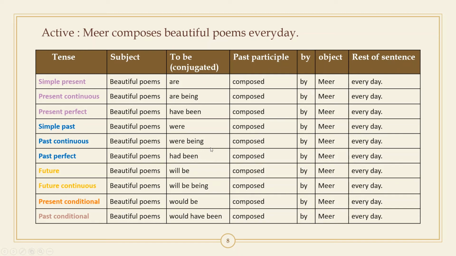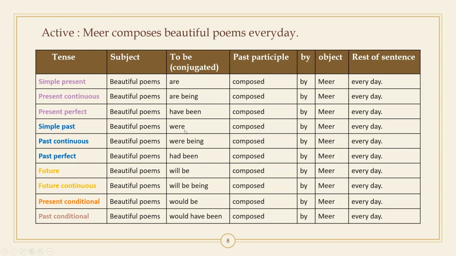So you see, look at the structure. Beautiful poems remained the same. Then the past participle remained the same. Everything remains the same, but only the be verb, the conjugated form of the be verb, is changed a little bit because of tense. When it is present perfect tense, it is have been.